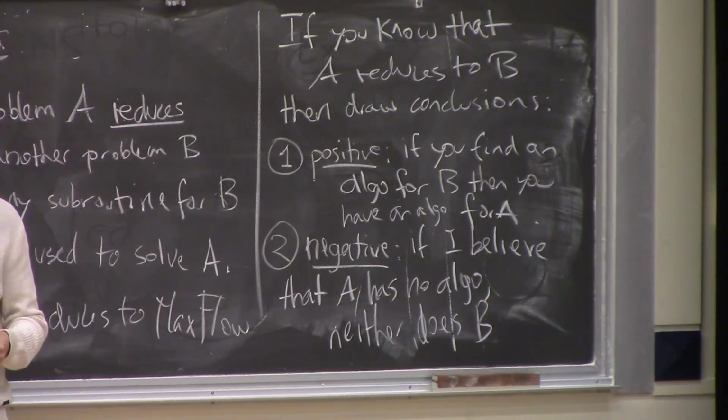Isn't it not true that by that definition, matching reduces to max flow? Because we could have an instance where we had a max flow that had non-integer values. Yeah, but we constructed, the question was basically what's up with fractions, okay?